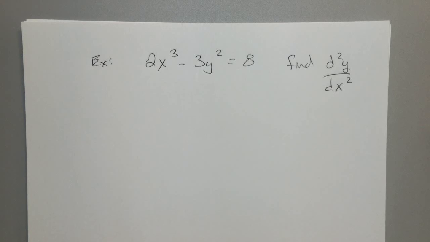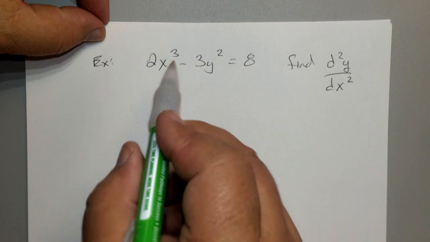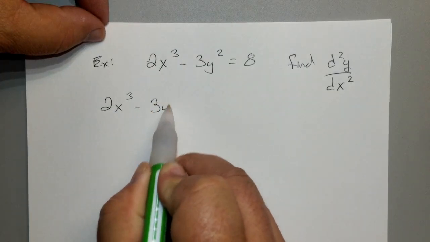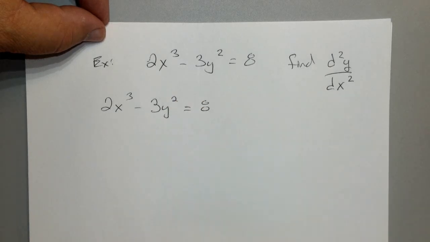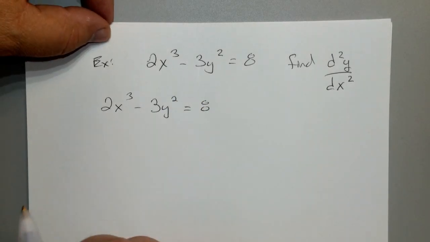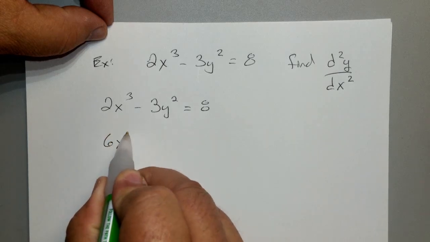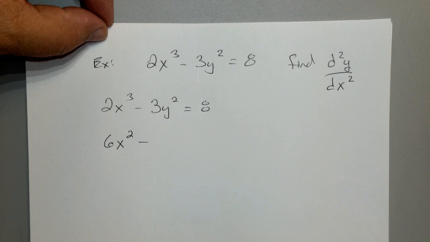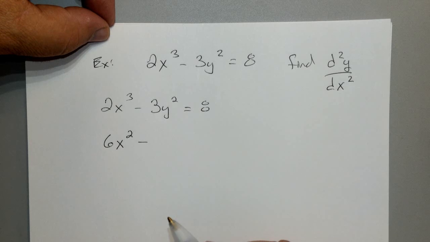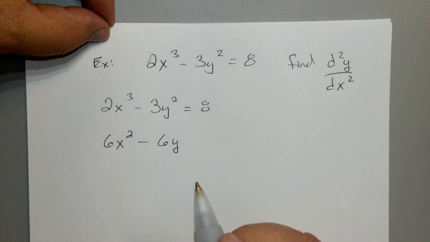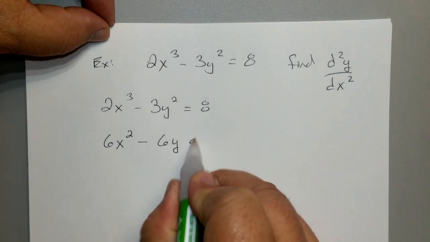Let's find the first derivative first, right? So. First derivative. What's the derivative of 2x cubed? Derivative of 3y squared? dy dx, very good.